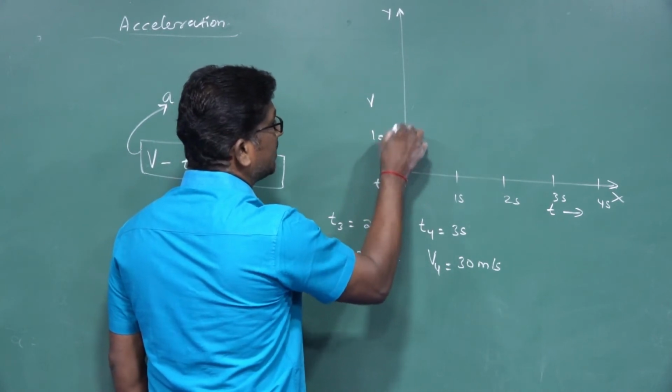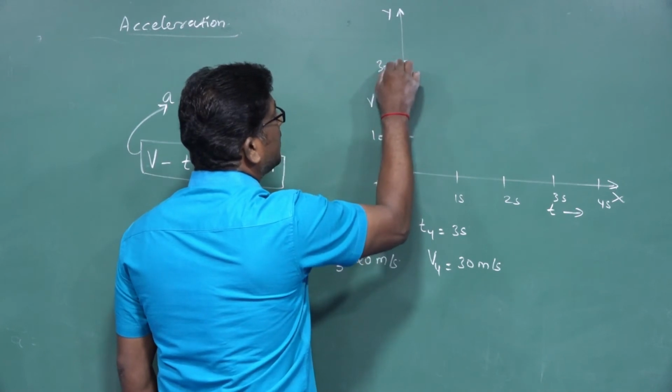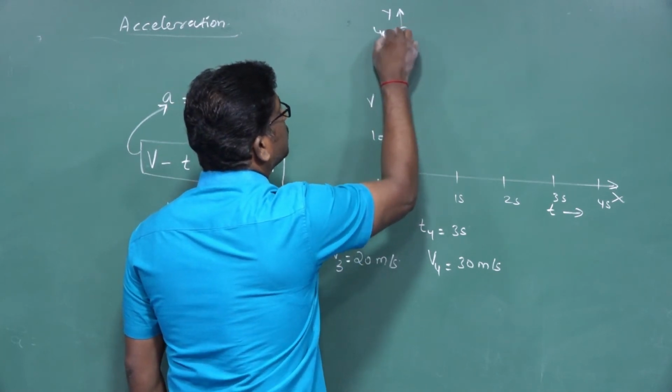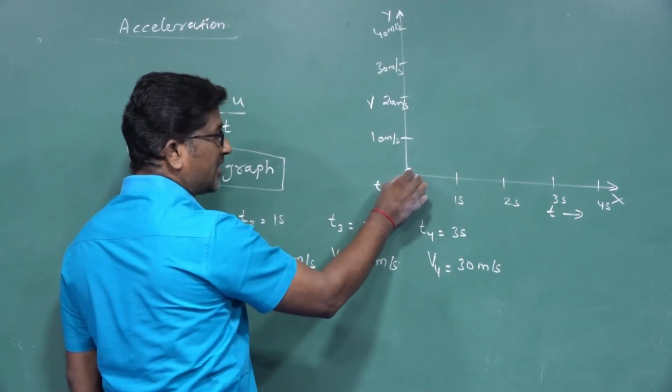And 10 meter per second, 20 meter per second, 30 meter per second and this is 40 meter per second. If time t equal to 0, the velocity value is also 0.